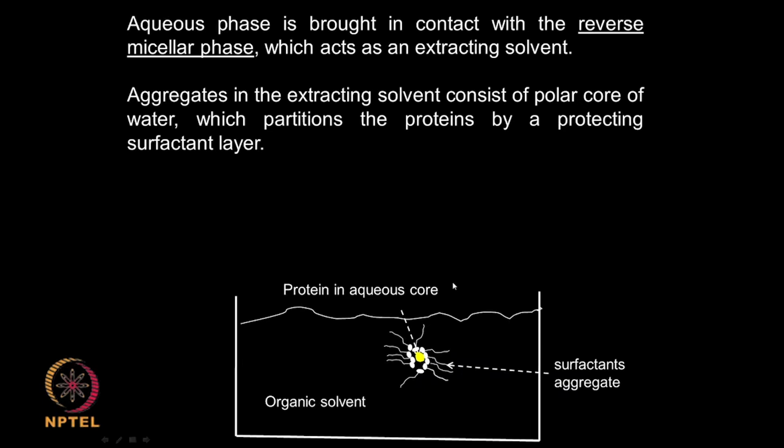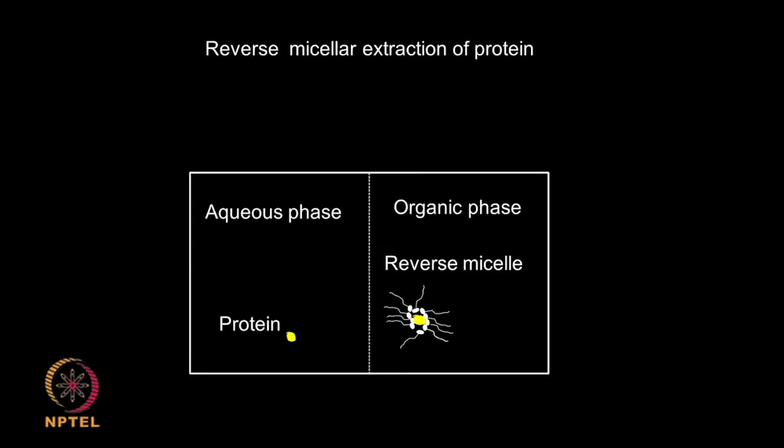I can use different types of surfactants, some which form big hydrophilic cores, and some which form small polar cores. So, I have the aqueous phase with the protein, then I have the organic phase. In the organic phase I can have reverse micelles of surfactants, and the proteins are inside the reverse micelles.